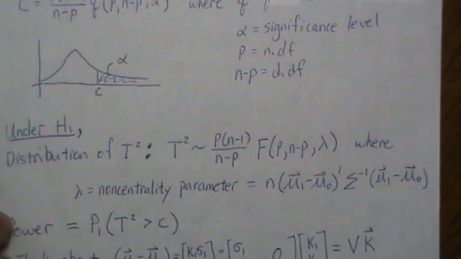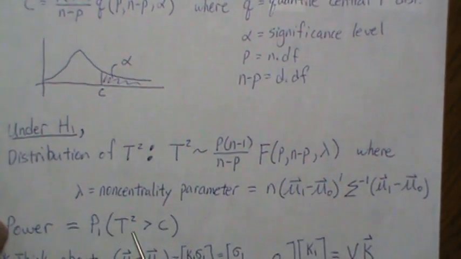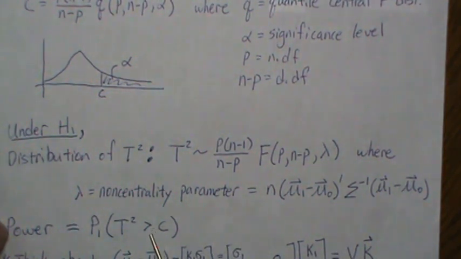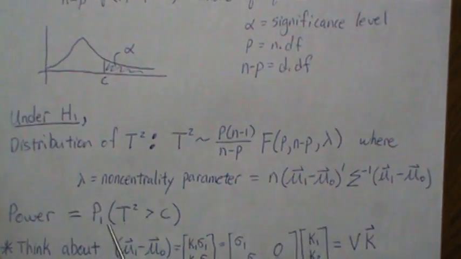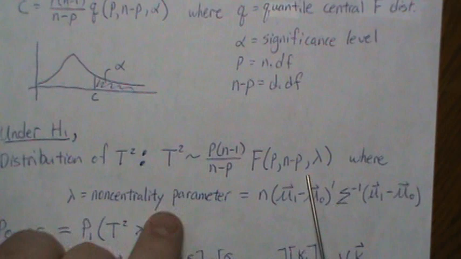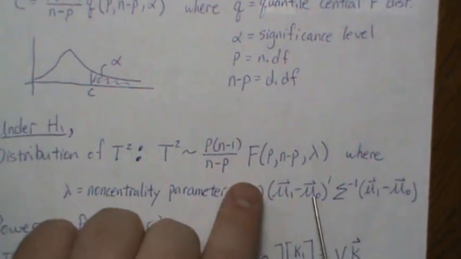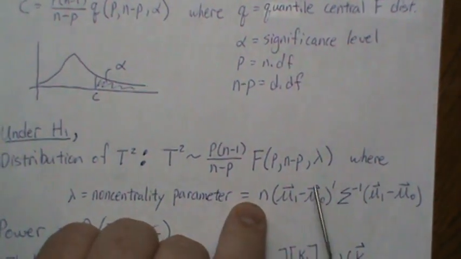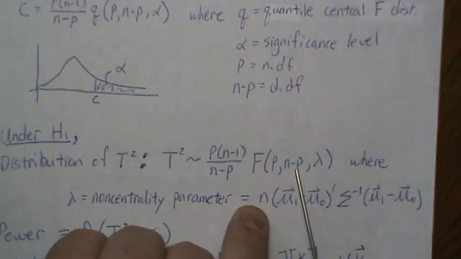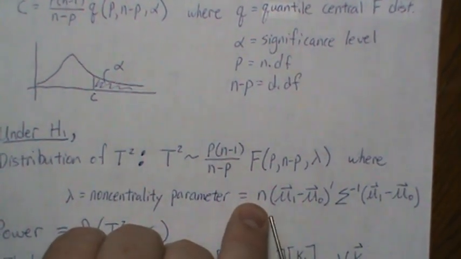And so when we're doing power calculations, power is actually the probability that we reject a null hypothesis when we should. So we're assuming that the alternative is true, then this is power. And so in this distribution, the n is in the denominator degrees of freedom and this non-centrality parameter.